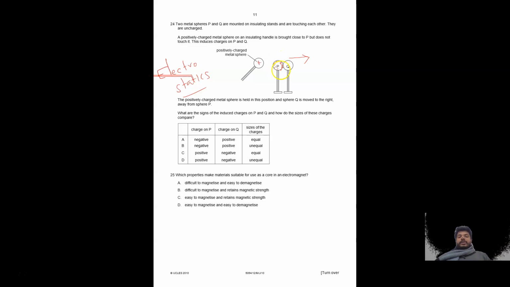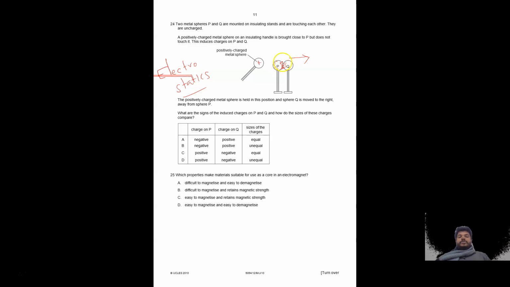And here the majority of the charges are positive, right? Because from here most of the electrons have moved, so this side has fewer electrons and becomes positively charged, and here is more negatively charged because the electrons are gathered here. Now since it is positive, the electrons in Q will neutralize the positive charges.